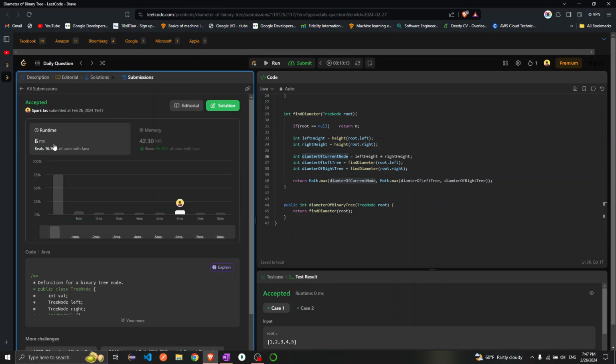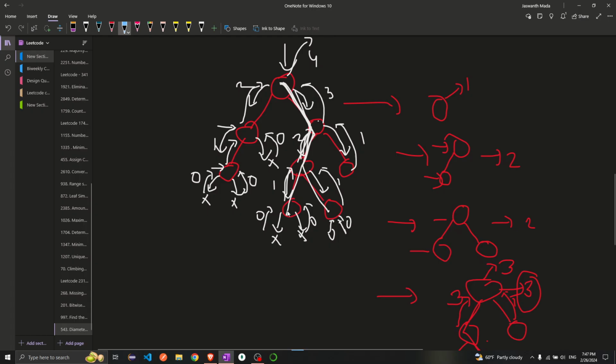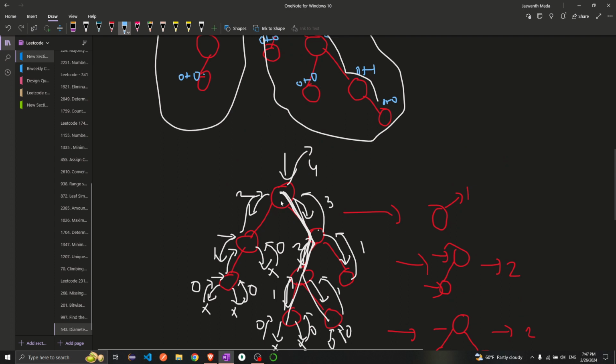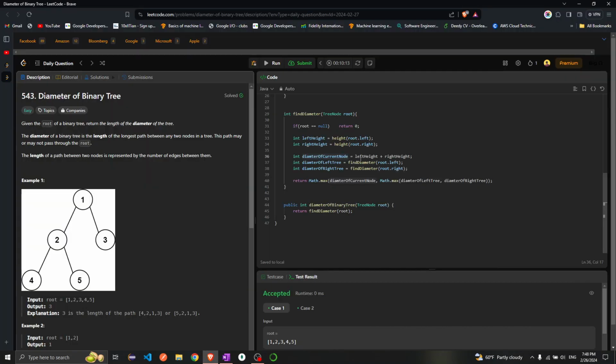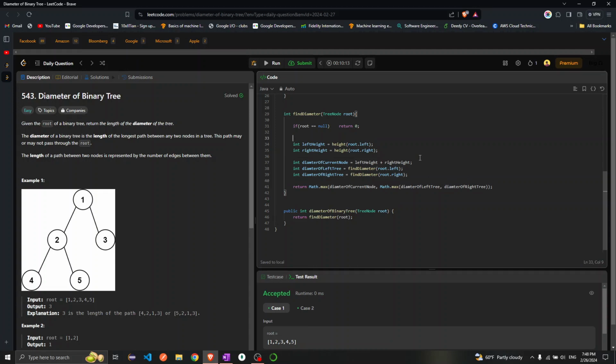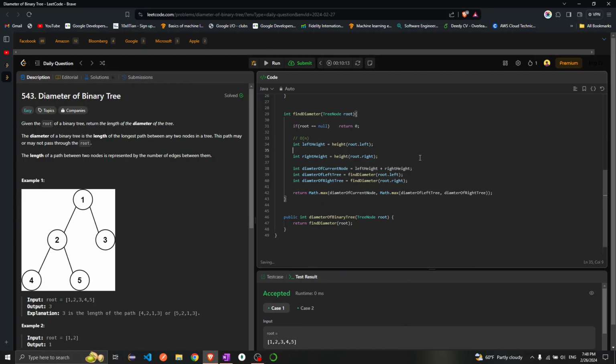Yeah, it's running fine, but this is not the most optimal solution, because at every point, I'm finding the height of the left subtree and the height of the right subtree, right? If you look at the code, the height of the left subtree will take order of n, and the height of the right subtree will take order of n.